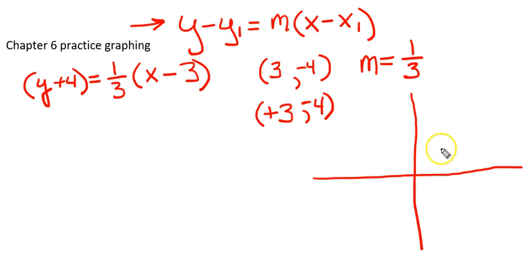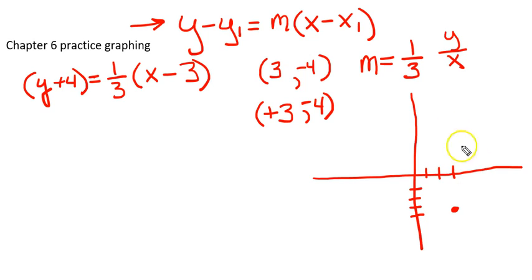And I'll just sketch it for you. So you can use this point right here. So this is 3, -4. So let's do that. 1, 2, 3. And then 1, 2, 3, 4. So you're going to put a dot right there. Now, what is your slope? Your slope is a +1/3. And remember, this relationship is y units to x units for slope.